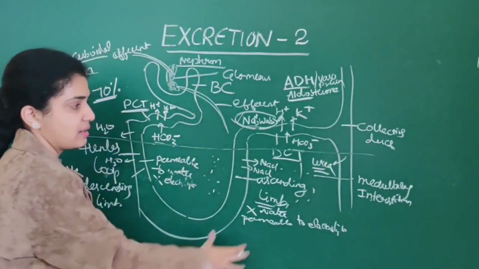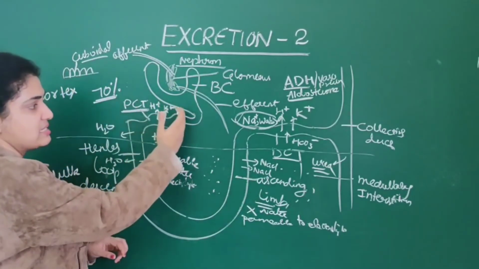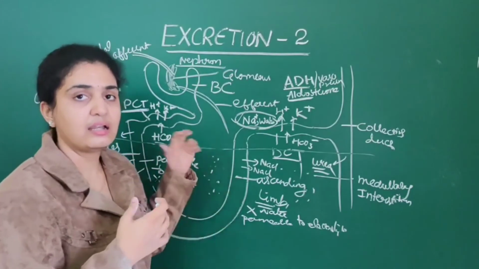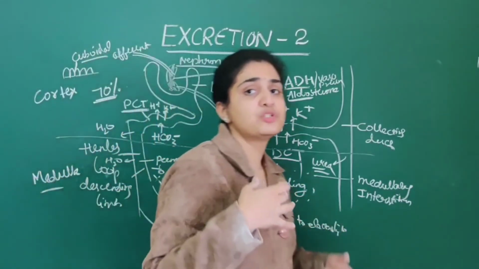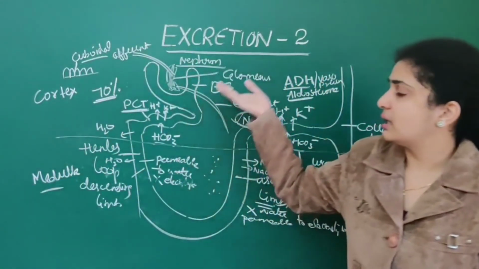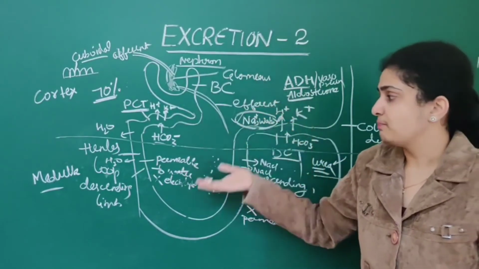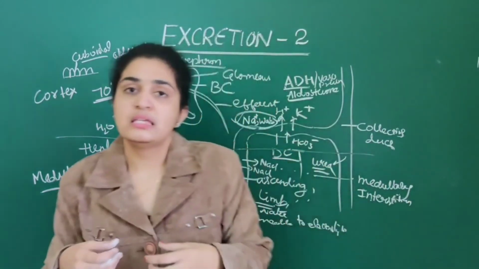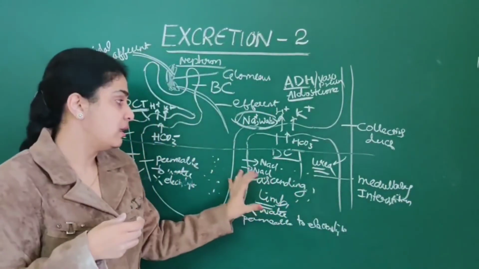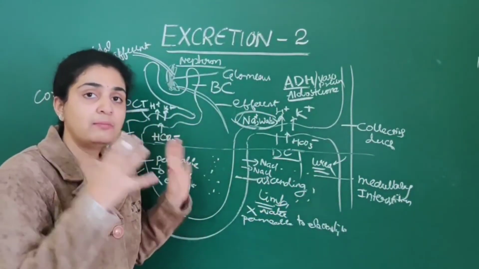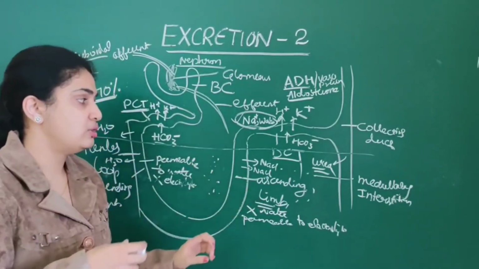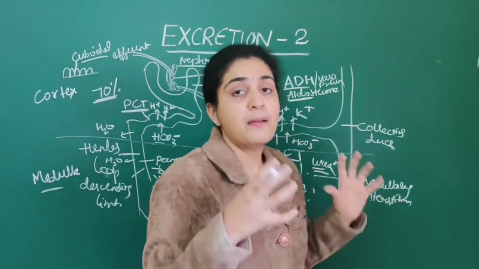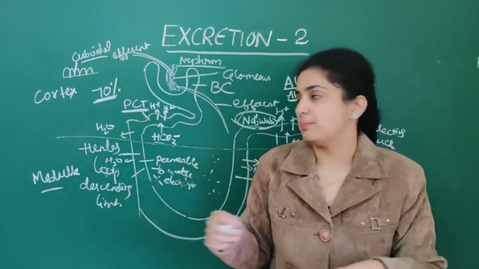The spaces that are present: the full PCT, DCT, half of the collecting duct, glomerulus, Bowman's capsule, everything will come under the cortex. When it comes to Henle's loop, it is present only in the medulla. The numerous spaces that are present are called the medullary interstitium.